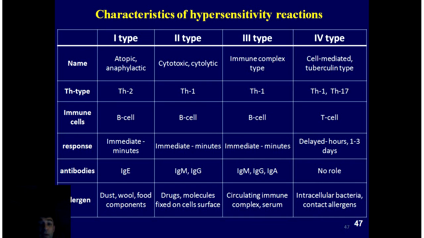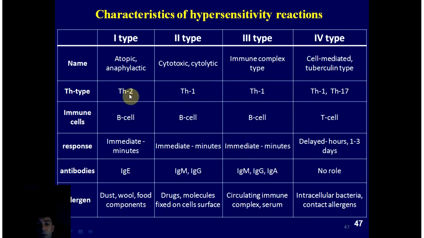which is perfect in terms of generalizing and repeating which kinds of reactions we just mentioned, or what are the most important mediators of each of them, which are B cell dependent, which are T cell dependent, and what kind of helper cells we have.